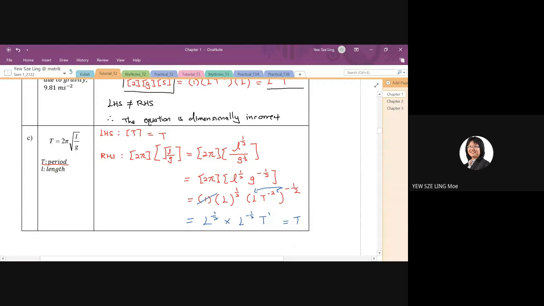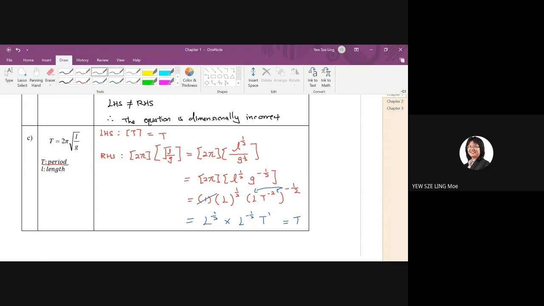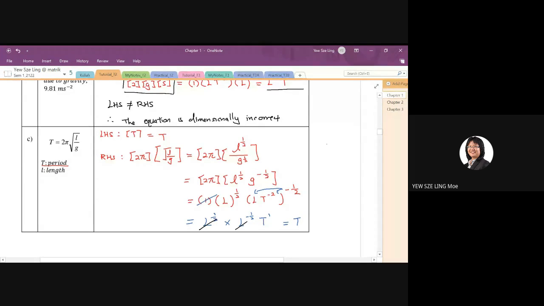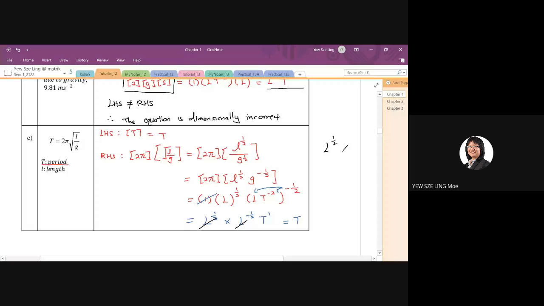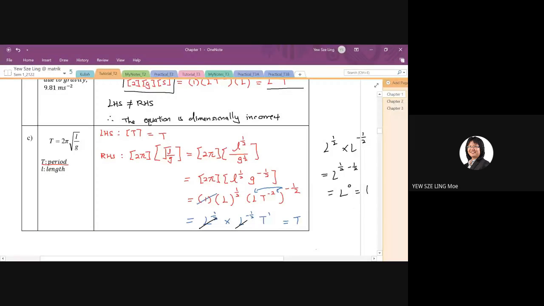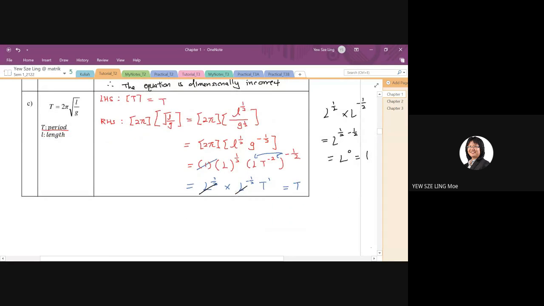Because L and L cancel out with each other, one positive, one negative. So L^(1/2) times L^(-1/2) is equal to L^(1/2 - 1/2), which is L^0, which then gives you 1. So the final answer is T. So now what can we say?